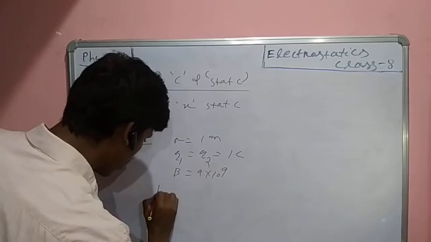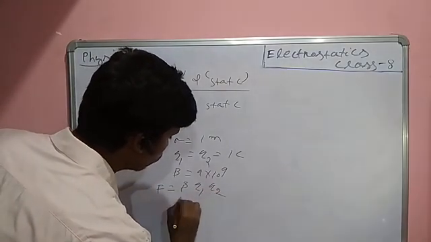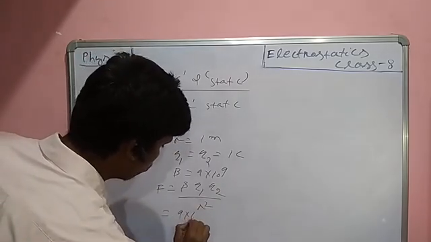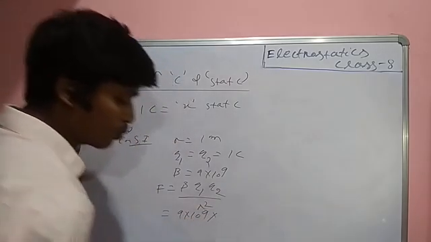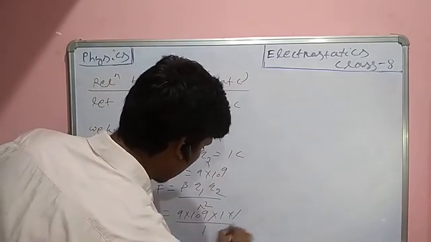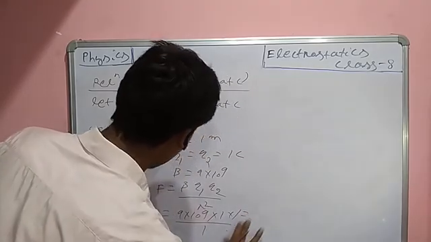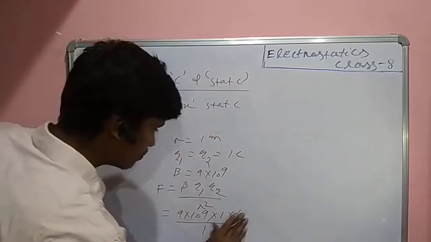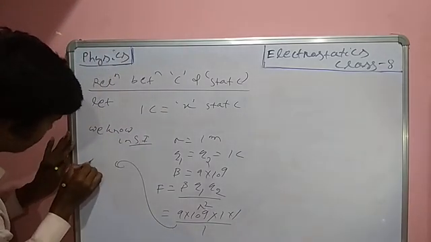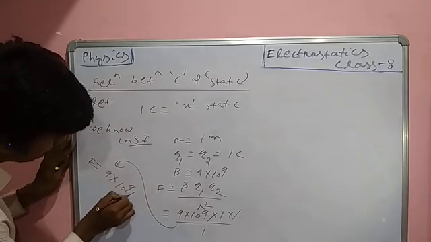So F is equal to beta Q1 Q2 by R square, that is 9 into 10 to the 9 into 1 into 1 by 1, that is, F is equal to 9 into 10 to the power 9 Newton.